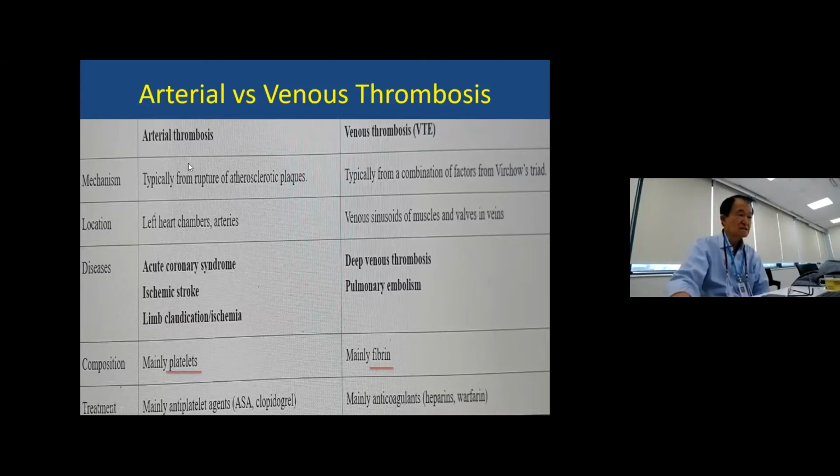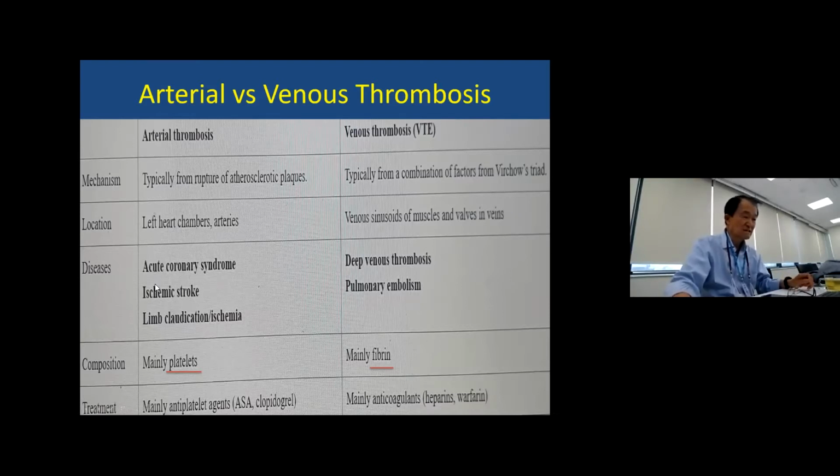But arterial thrombosis often comes from the left heart. So atrial fibrillation, which is very common, 20-25% of the general population, they can have a small clot, and then that clot can travel into our arterial system and make trouble. So in arterial thrombosis, if it's involving the coronary artery, that's acute coronary syndrome.